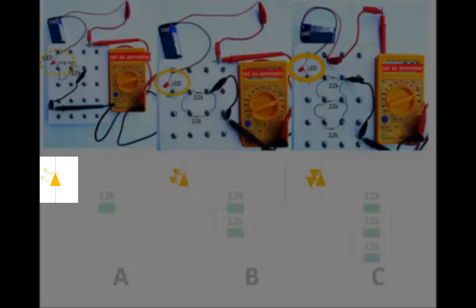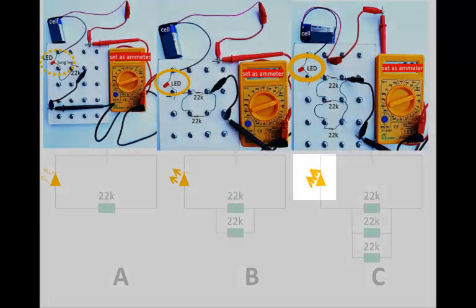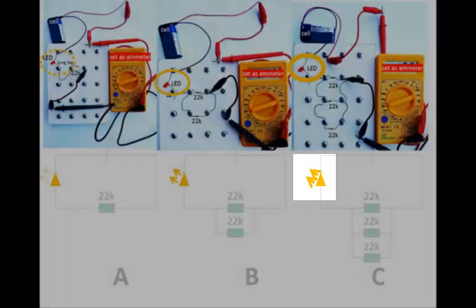So not many charges are traveling through that LED every second, giving energy to that LED to convert that energy into light. So it's dim. But in C, the LED is bright. Why? That's because there's a high current strength through that LED. So a lot of charge is traveling through it every second, delivering a lot of energy every second, which it converts into light energy. That's why it's bright.